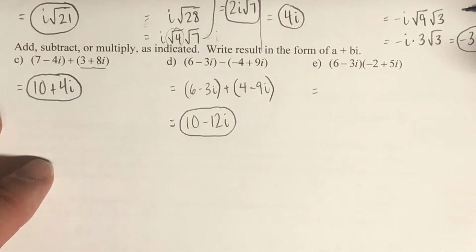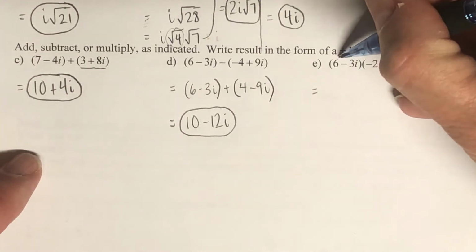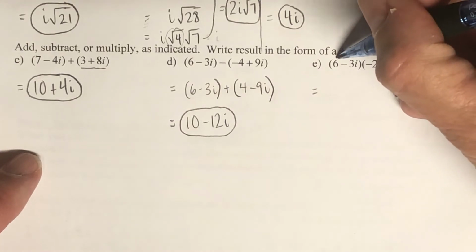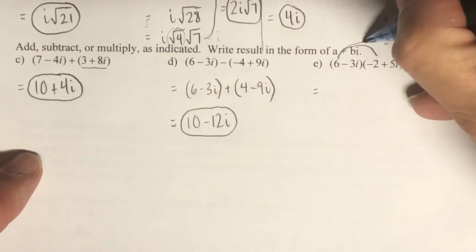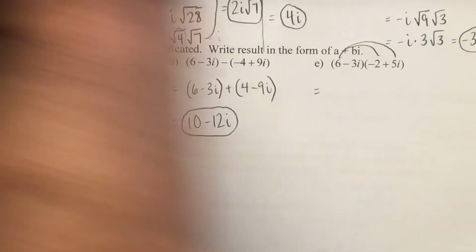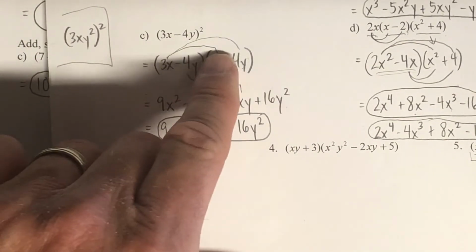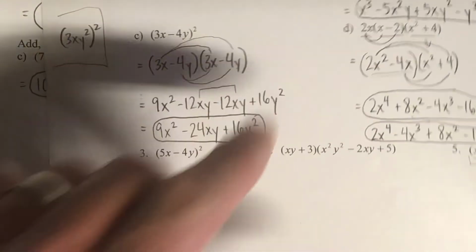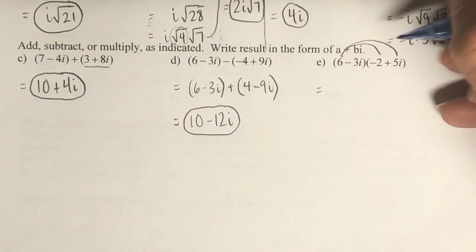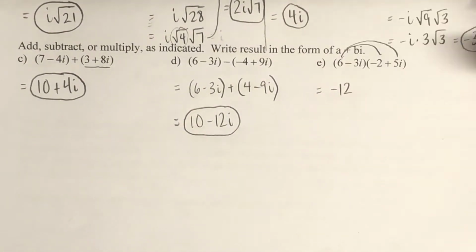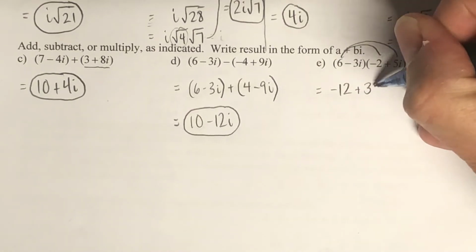But let's do that same thing that we just looked at, where you start out with the first term in the first bracket. Okay, 6 gets multiplied by negative 2 and 5i, just like we did with the 3x. It gets multiplied by each of those 2 terms. 6 multiplied by negative 2 is negative 12. 6 multiplied by 5i is positive 30i.